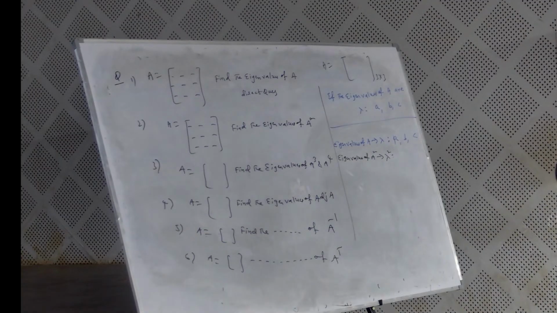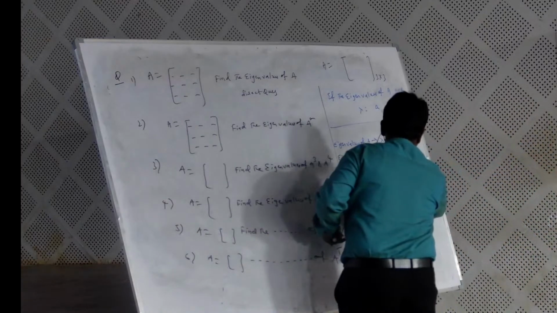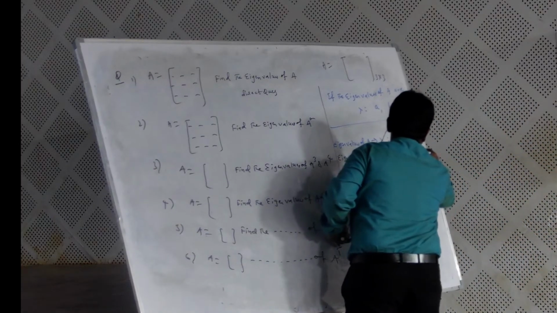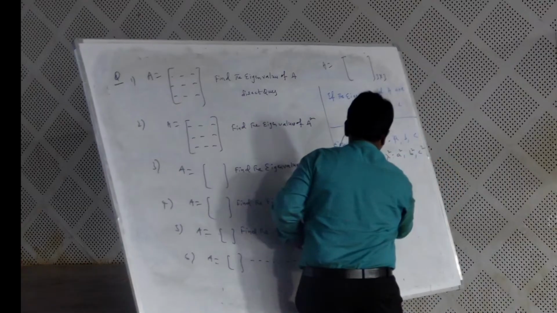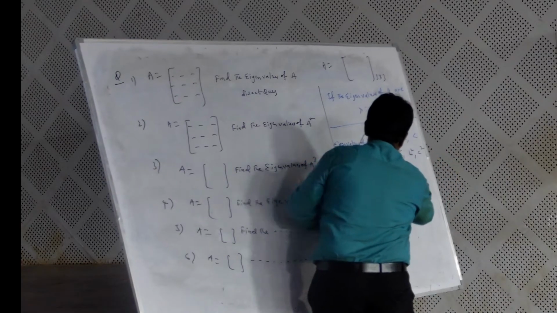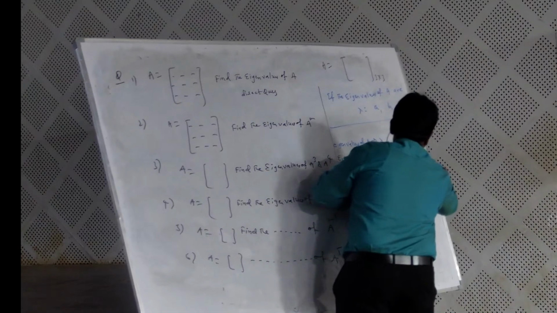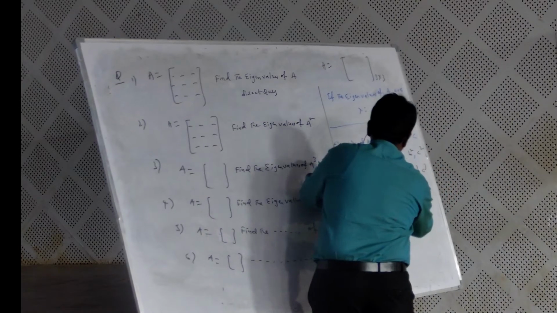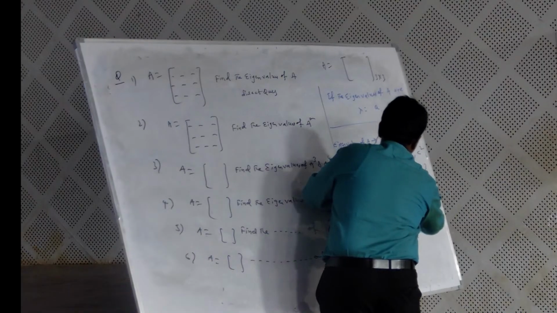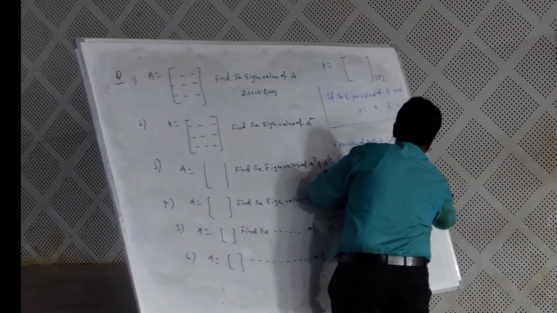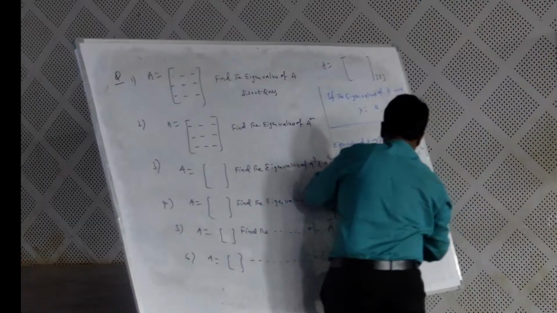A square matrix eigenvalues are lambda square: A square, B square, C square. A cube matrix eigenvalues are lambda cube: A cube, B cube, C cube. Eigenvalues of A power 4 are lambda power 4: A power 4, B power 4, C power 4.